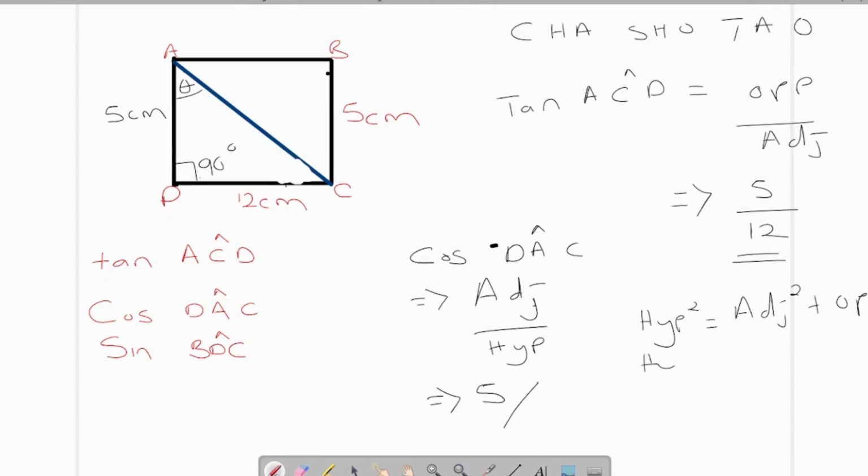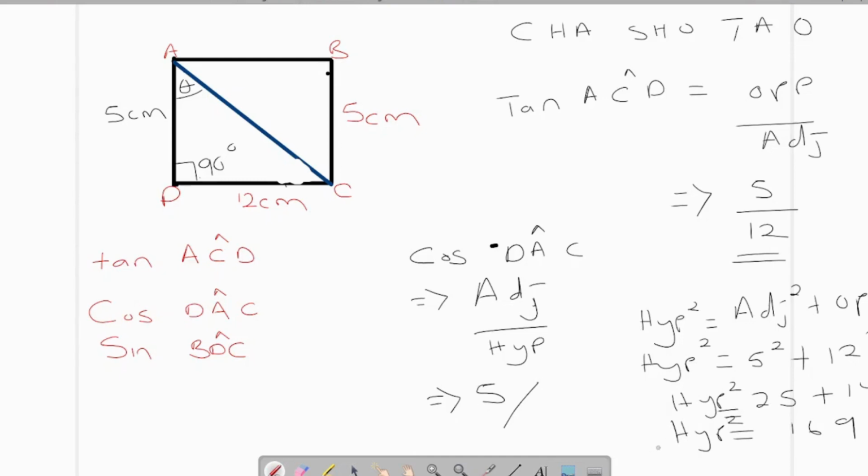So here we have to find the hypotenuse, and on our triangle ACD, our adjacent is 5 centimeters and our opposite is 12 centimeters. So we say 5 to the power 2 is 25 plus 12 to the power 2 is 144. So 25 plus 144 is 169. And here we have the hypotenuse squared.